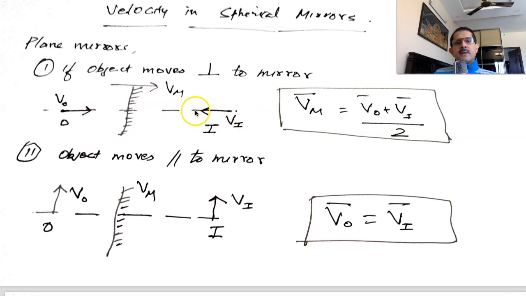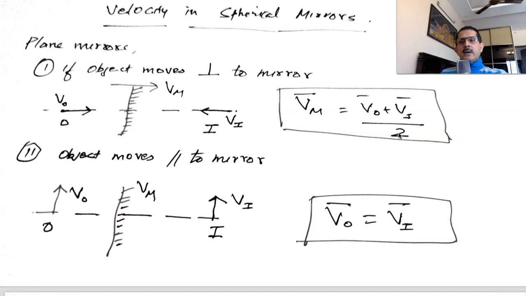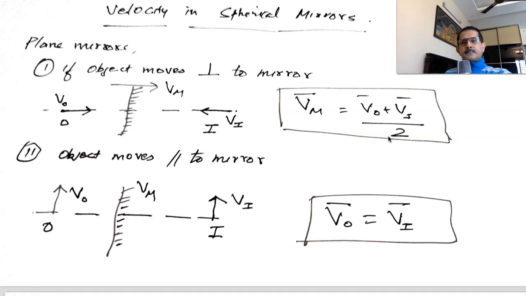So there would be some velocity of the image in this direction. Now, to tie the relation between Vm, Vo and Vi, we can say Vm is equal to Vo plus Vi by 2. Right? Just keep that in mind because we would be using it very frequently.